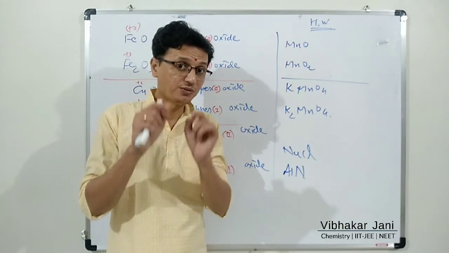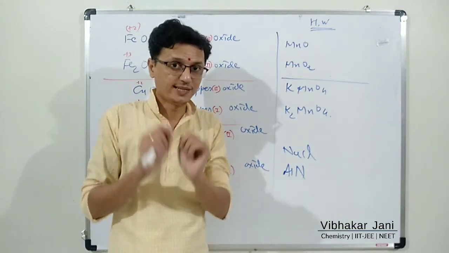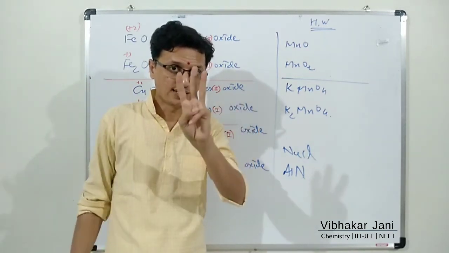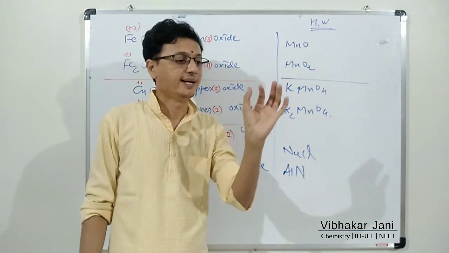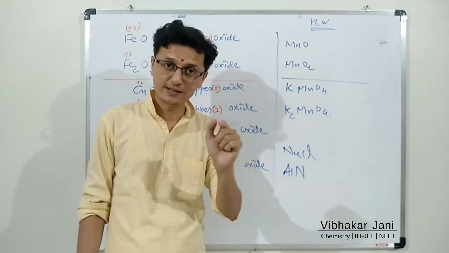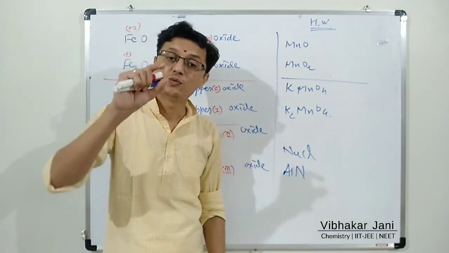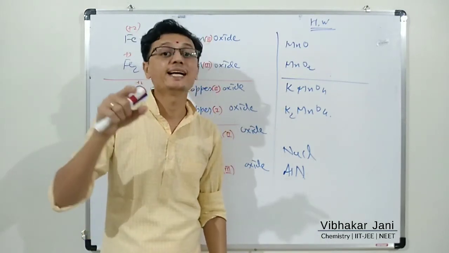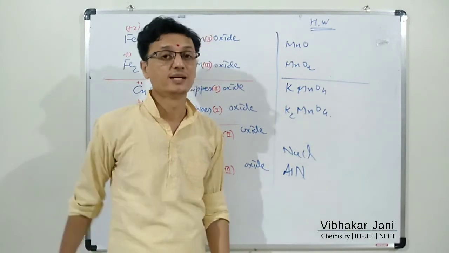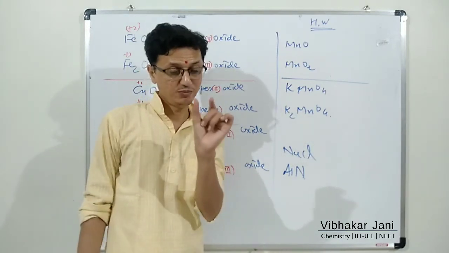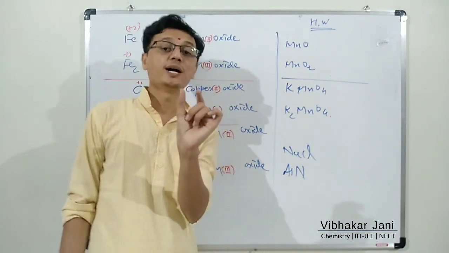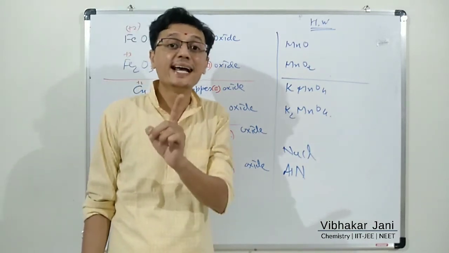Now, just write down that rule also. The rule says if there are three elements and the last element is oxygen, then the name of the first element will be as it is, but after writing the name of the second element, you have to add the suffix ate.